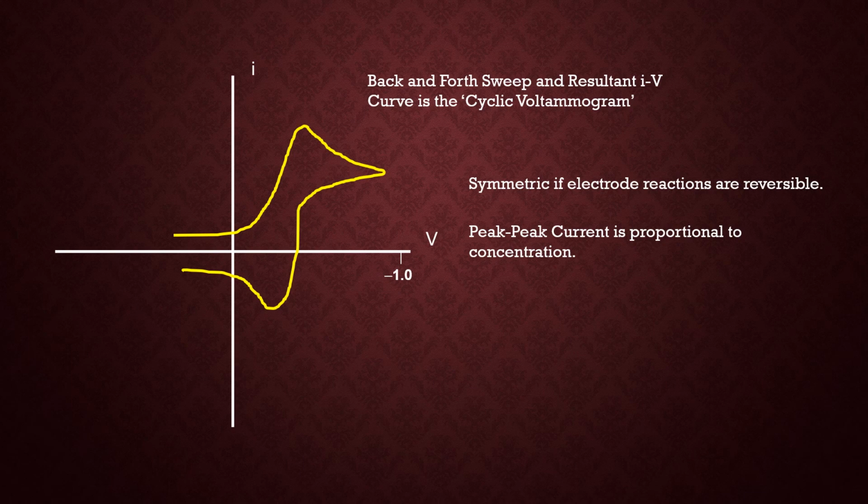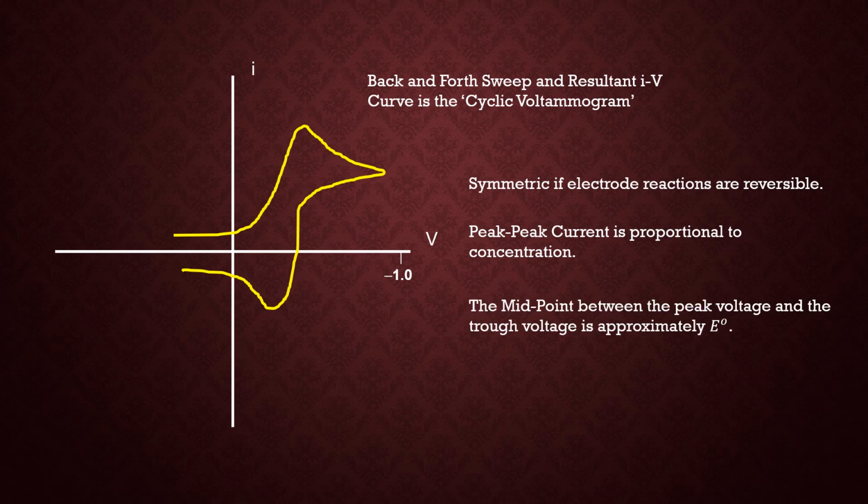In other words, the top of the voltammogram that looks like a duck to the bottom, which looks like the duck belly or the bird belly, that current difference is proportional to the concentration. The voltage at half peak, the midpoint between the peak voltage and the trough voltage, is approximately the standard state redox potential of the electroactive species.